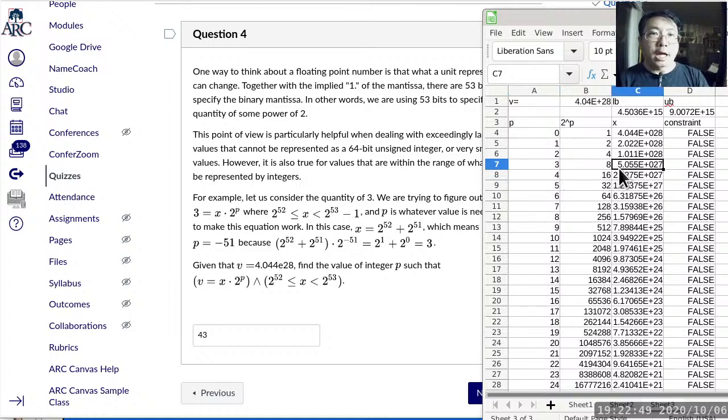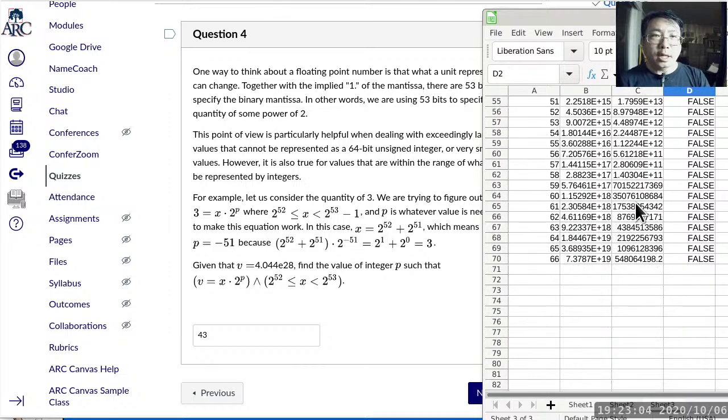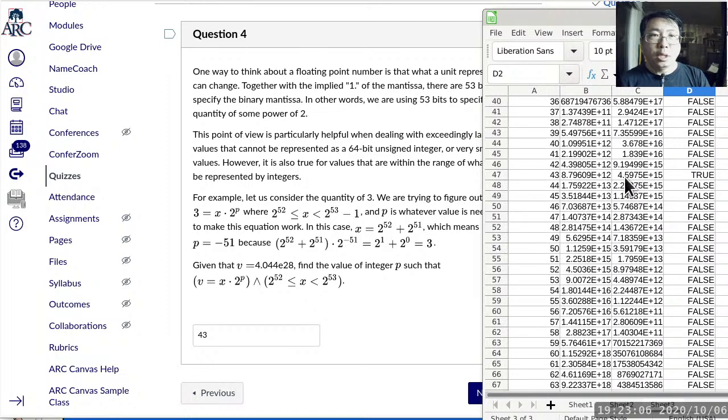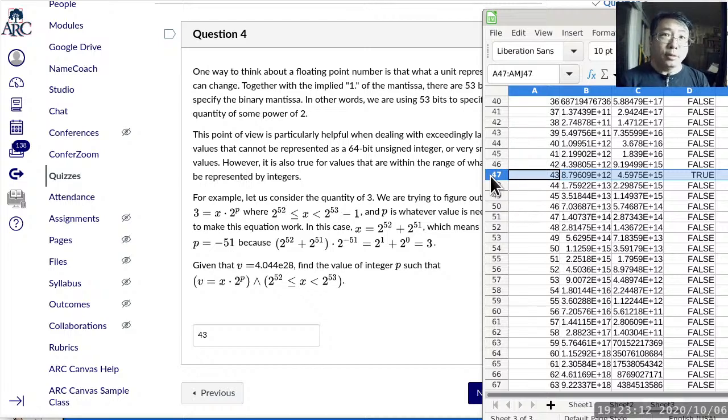If I keep changing p, I'm affecting x. I want x to be greater than or equal to the lower bound, but less than the upper bound. So you can see how the trial and error approach really shows how we can get to the answer. But some of you are not satisfied with this approach because you know math.